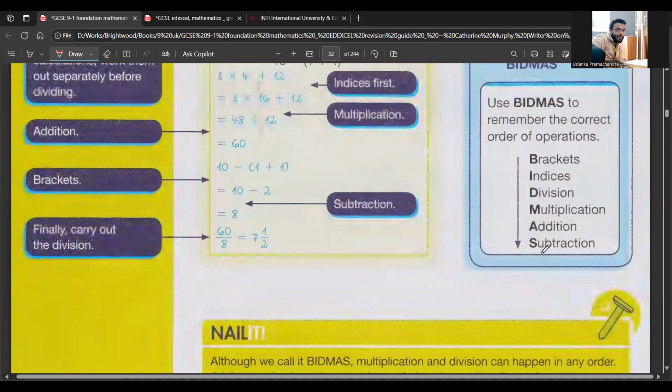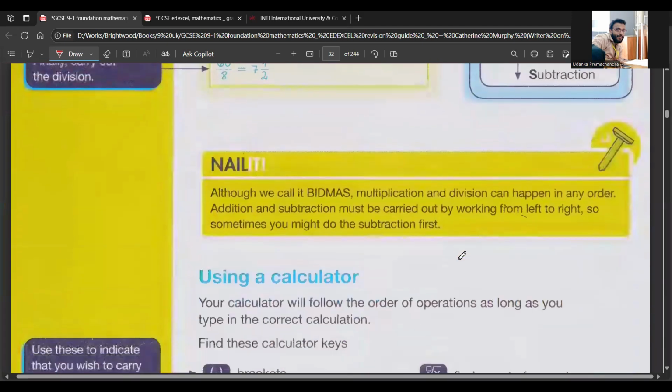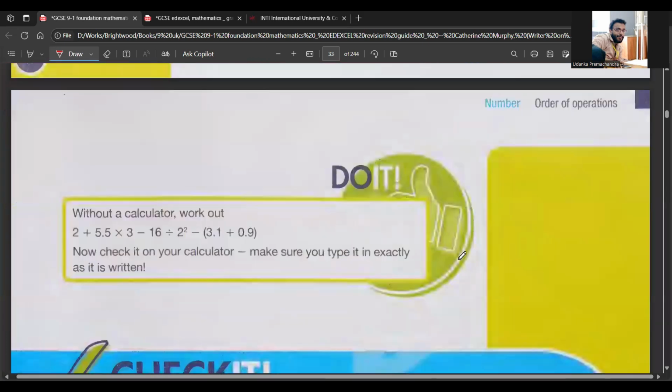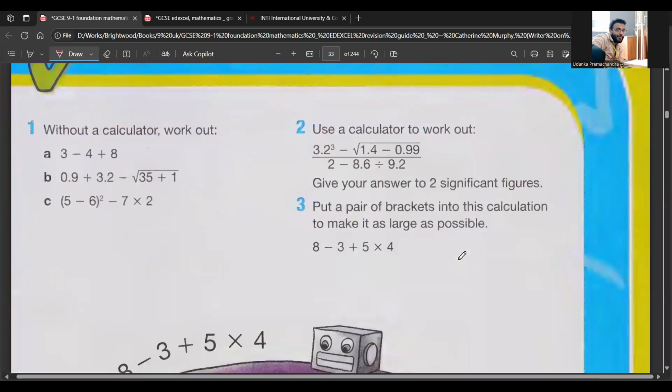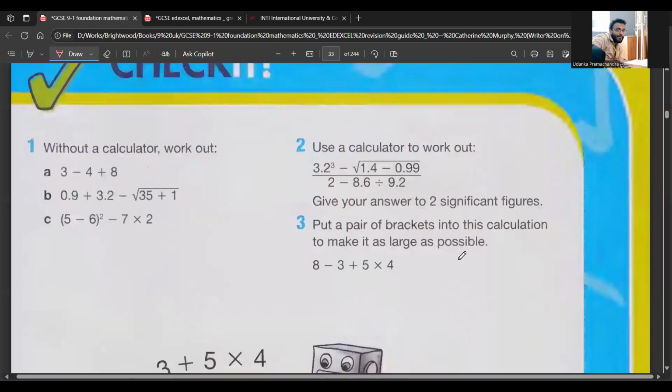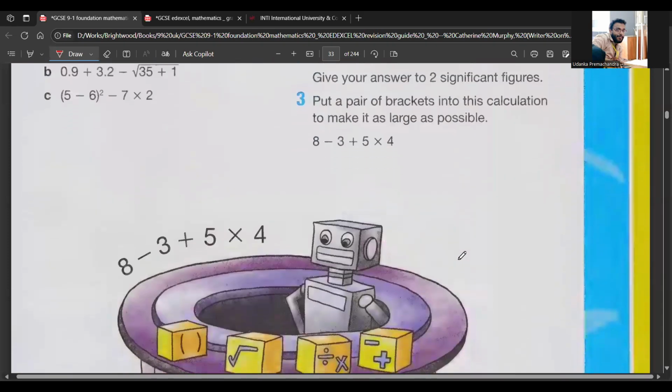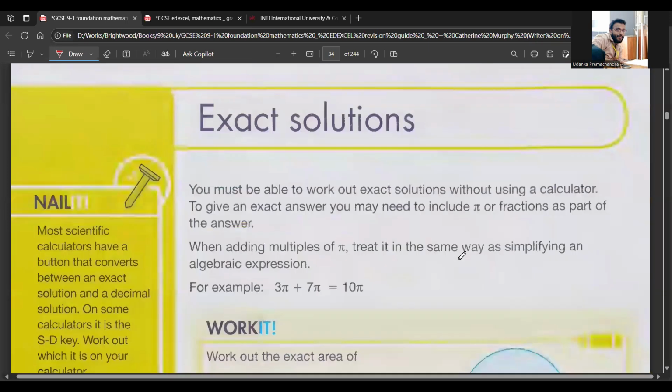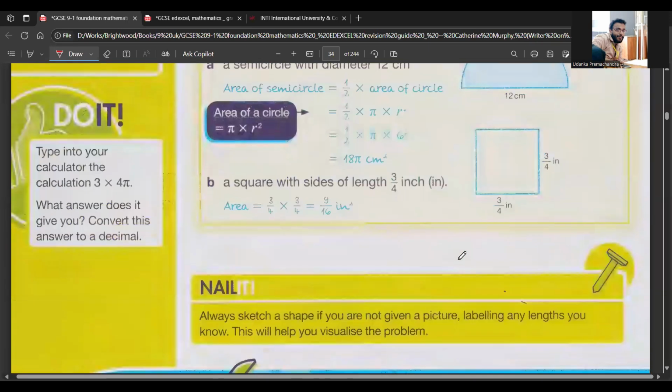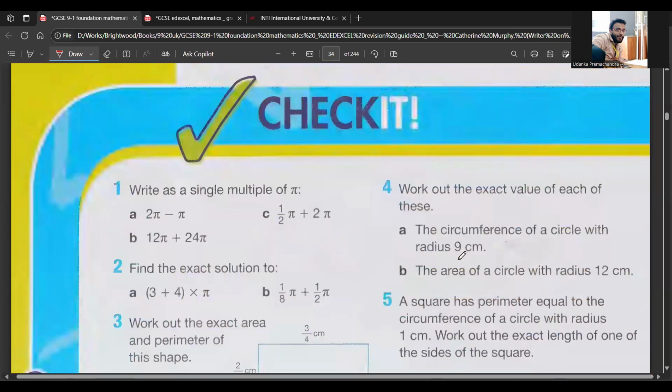Previously, you know the BODMAS order. You know this one. So I wanted to get the answer like this.